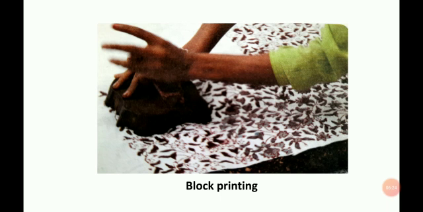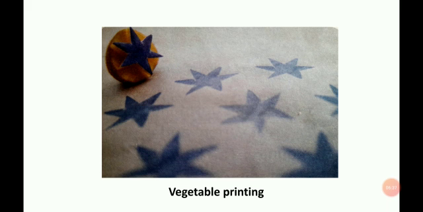Second is block printing, in which beautiful designs carved on wooden blocks are dipped in colors and then pressed on the cloth in interesting patterns. Third is vegetable printing. In this method, a vegetable like potato or lady's fingers is cut and dipped in paint and used to make attractive designs on cloth.